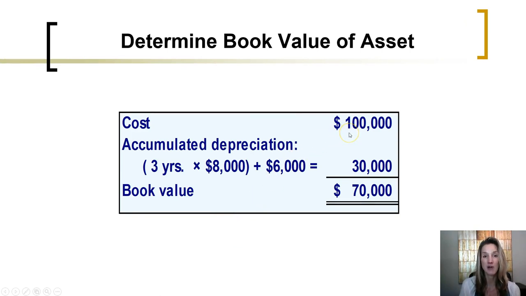We have the original cost of $100,000. The amount of depreciation recorded was 3 full years at $8,000, plus the current year's partial $6,000 depreciation, bringing total accumulated depreciation to $30,000, or a book value on the date of disposal of $70,000.